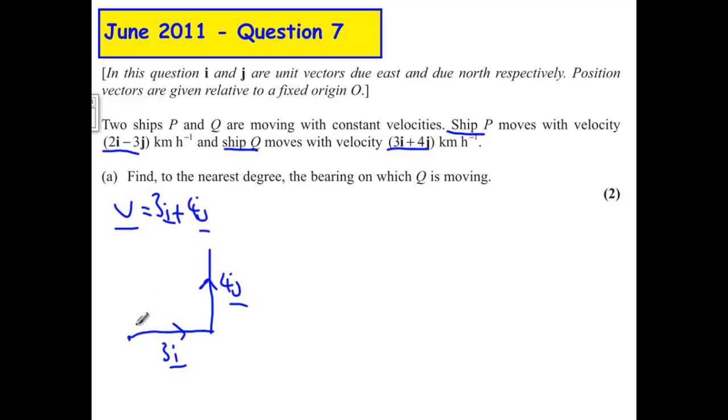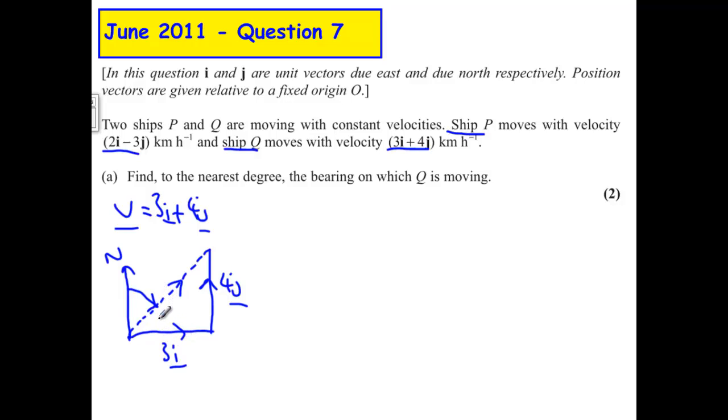So my vector for the velocity will go something like this. Now, if ship Q is travelling along this line, then you need to recognise that from this origin here, with the north line here, the bearing will be measured from north to the velocity.